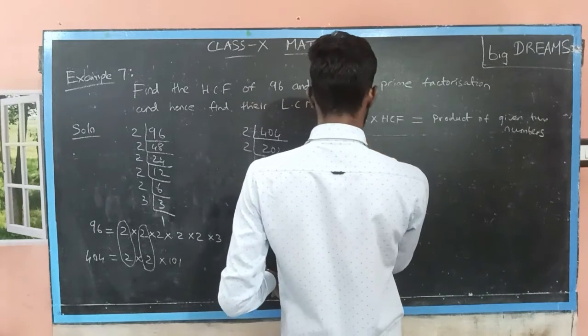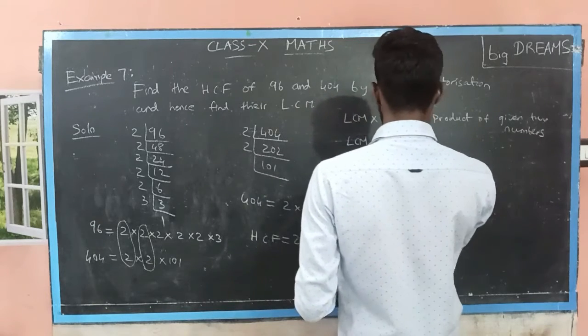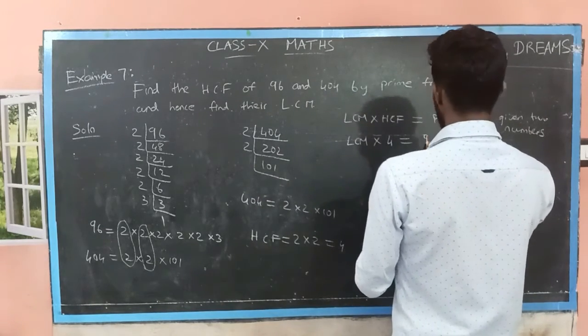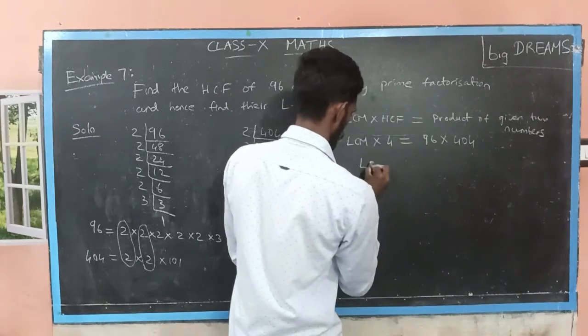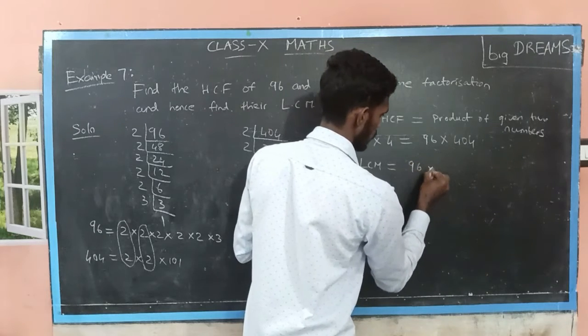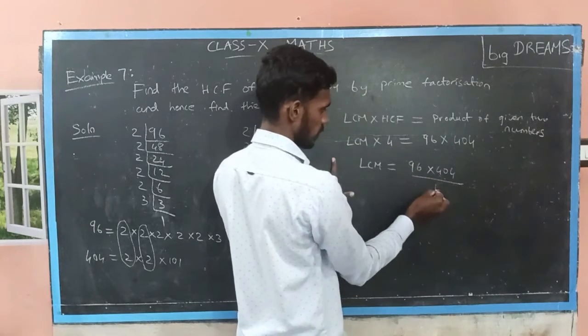So here LCM is unknown, leave it as it is. HCF is 4 and the product of the numbers is 96 into 404. So keep LCM on the LHS, on the right hand side 404 divided by 4, this 4 goes this side.